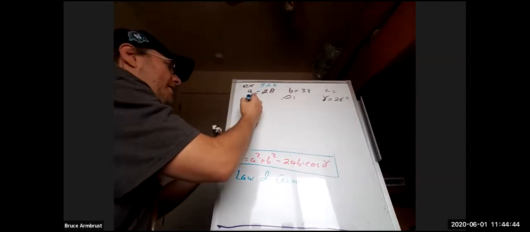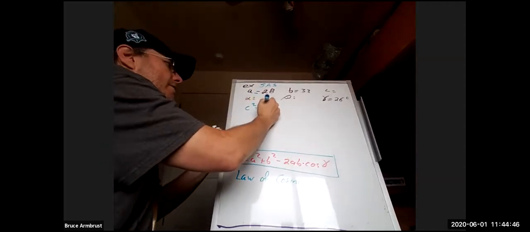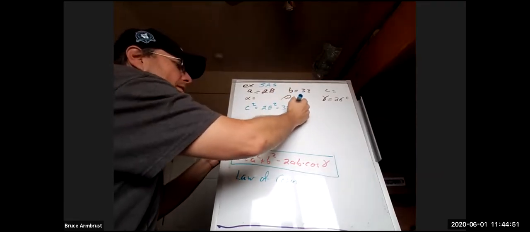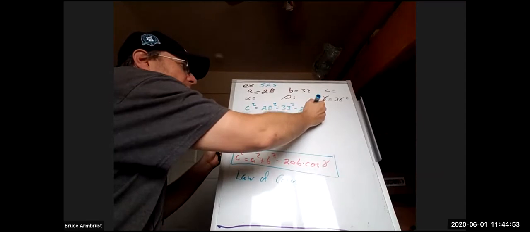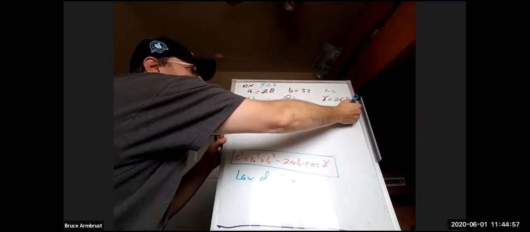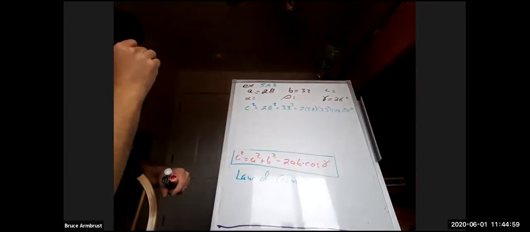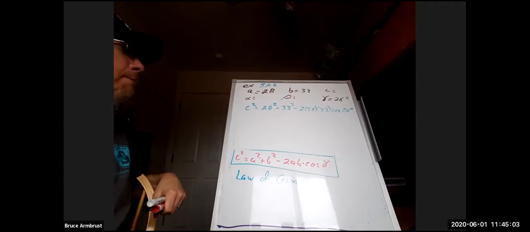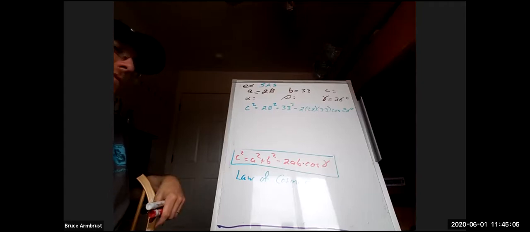We're going to get that c squared is equal to 28 squared plus 33 squared minus 2 times 28 times 33 times the cosine of 26. And this is beautiful.